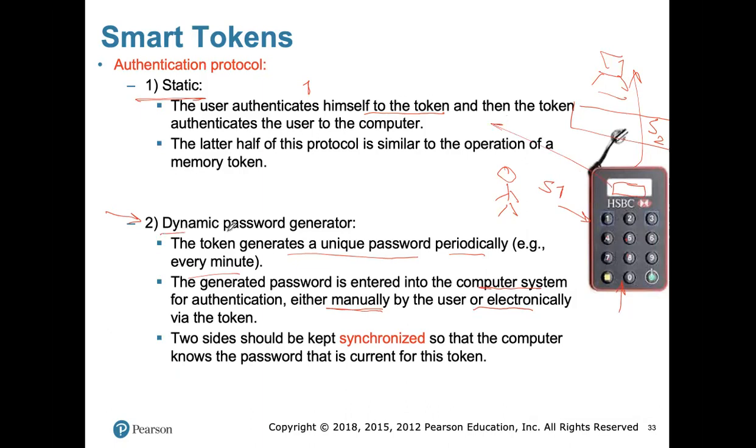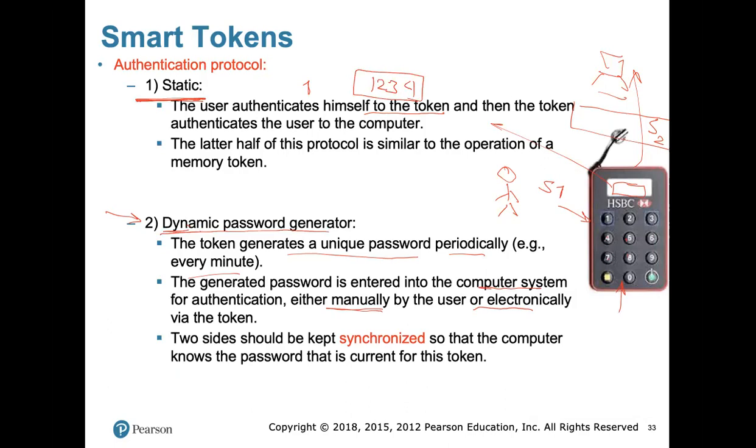And the reason we call them dynamic, the major difference between this item 2 and item 1, is that in item 1 the data which is being used for authentication, whatever it is, is static. Let's say I have a code of 1234, for example, and this is the code that my token sends to the server. Or it has an ID that the reader of the authentication server reads.